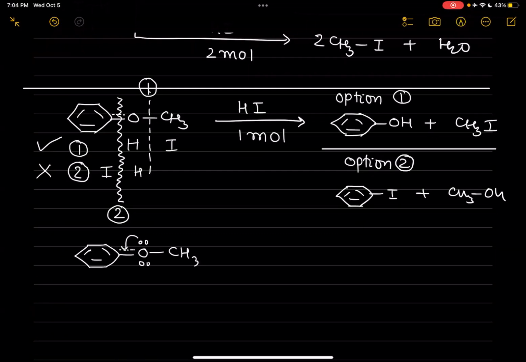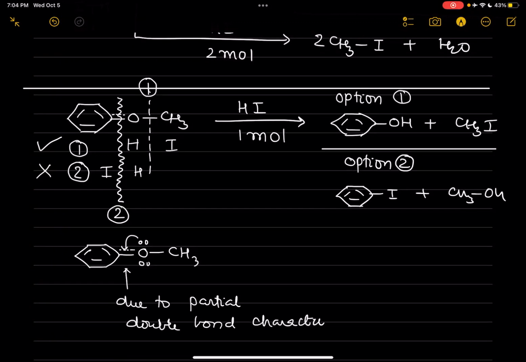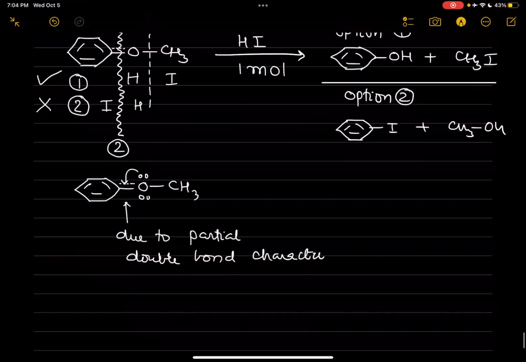This lone pair forms a bond with the benzene. Benzene is phenyl, the PhO bond.